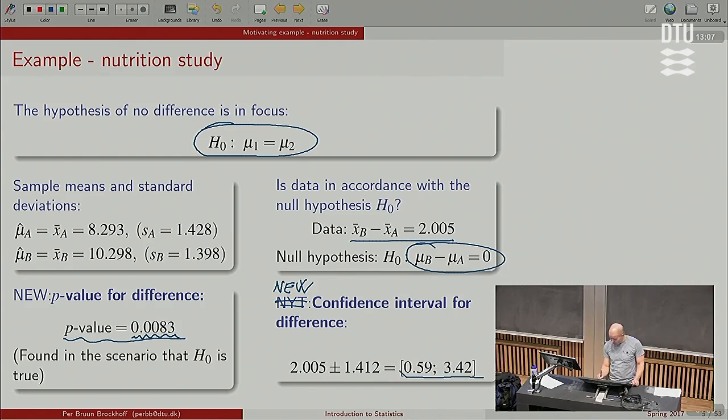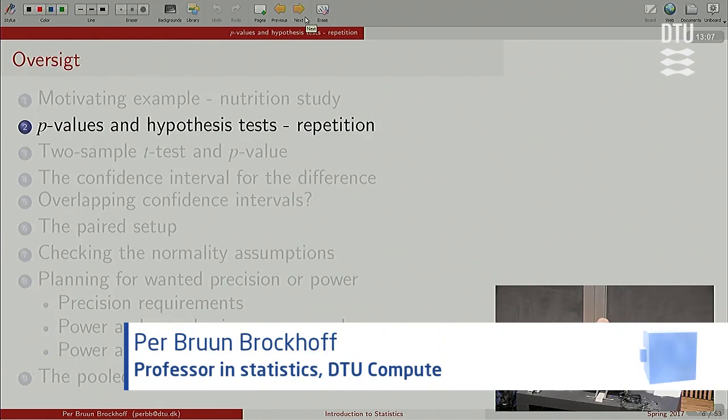And we can summarize that we believe not only that it's different, we can also quantify the size of the difference. Our best guess is 2, but somewhere between 0.6 and 3.4, I would say, is the difference, right? That's the confidence interval and hypothesis test, two sides of the same thing. That's what we will teach you in the first part today.